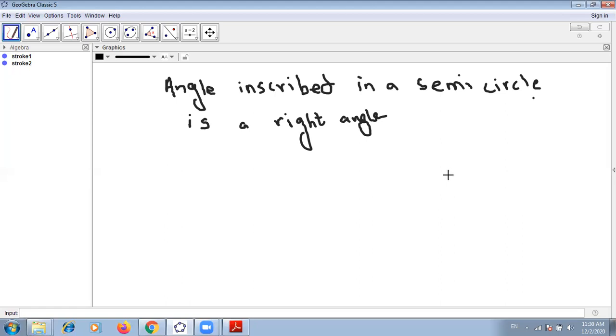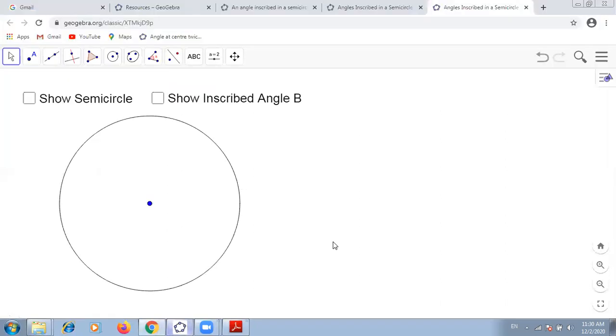Now I'll show you how we can prove this statement: an angle inscribed in a semicircle is a right angle. Let's suppose we have a circle and we draw a semicircle in it.